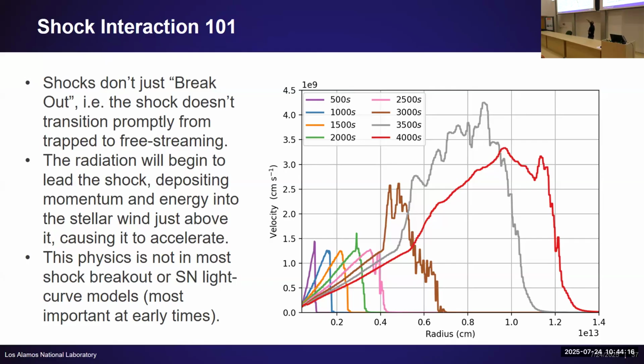So what you end up getting is this mess: the brown, the gray, and the red curves are, with time, the radiation accelerating the wind. When you look at a shock, this wind material is getting accelerated by this not quite optically thin, not quite optically thick radiation flow. And so this is the kind of physics that we're now trying to model better.